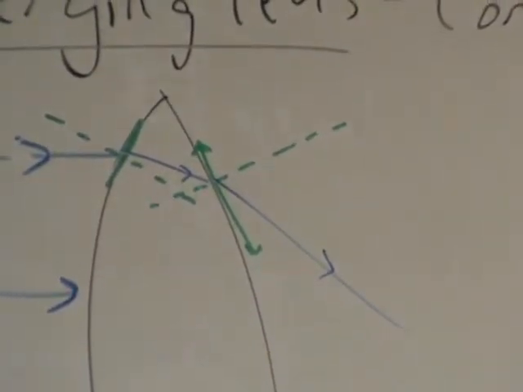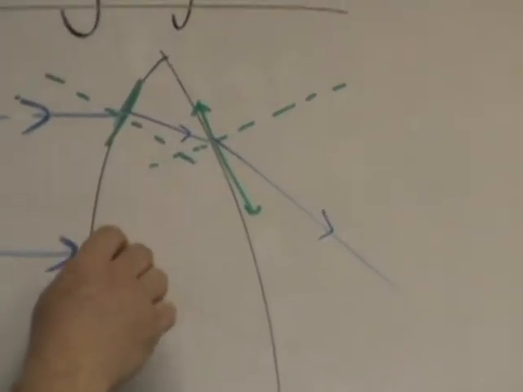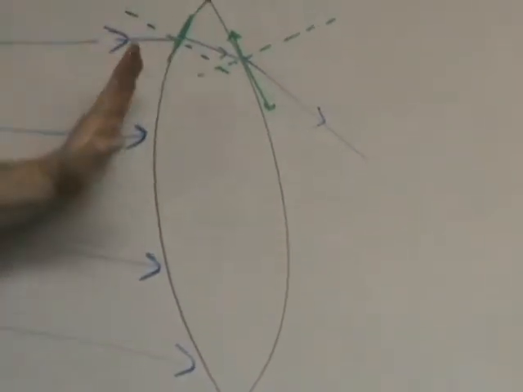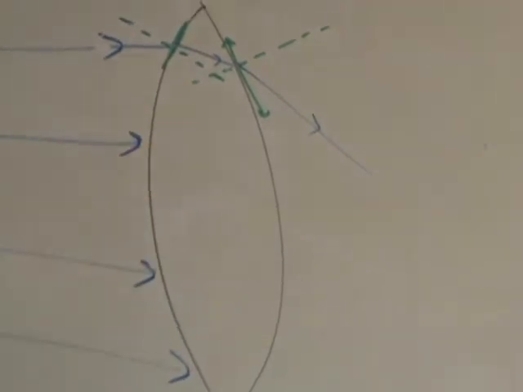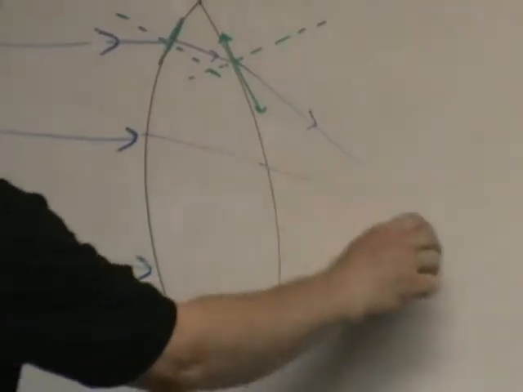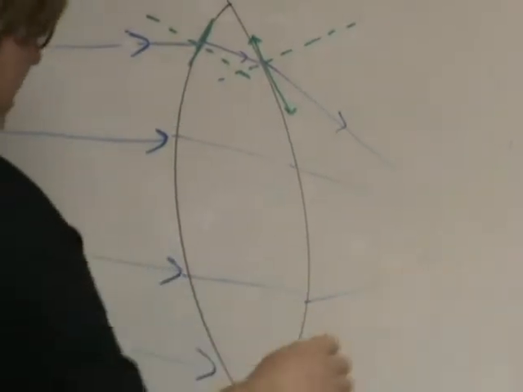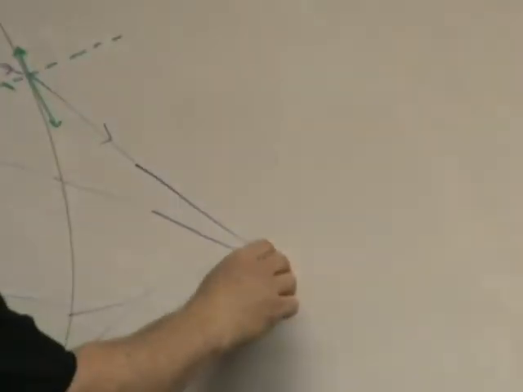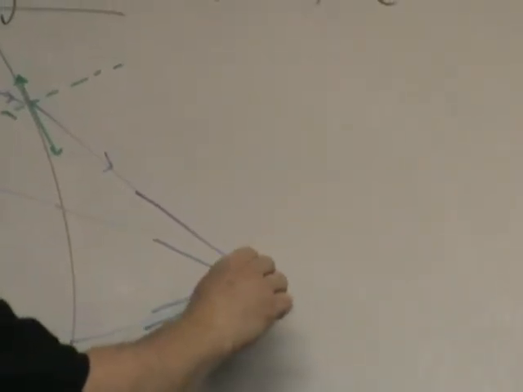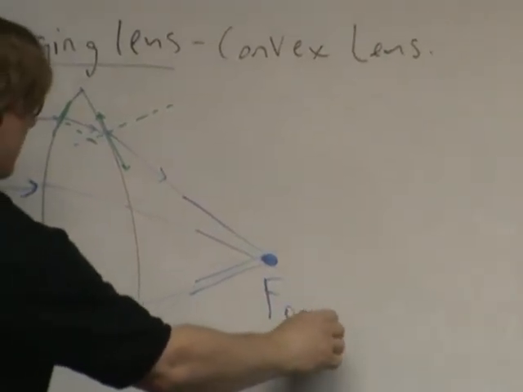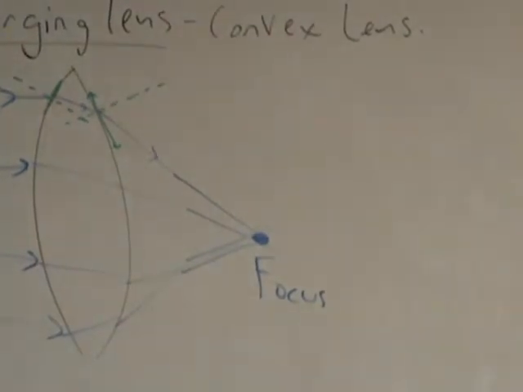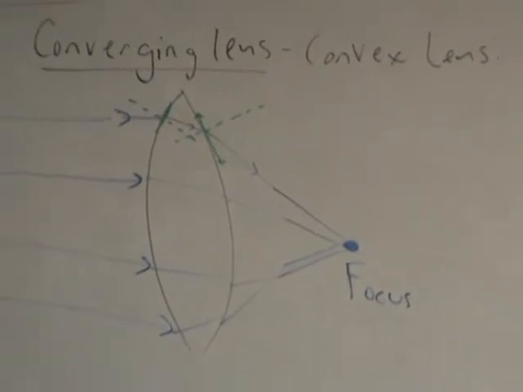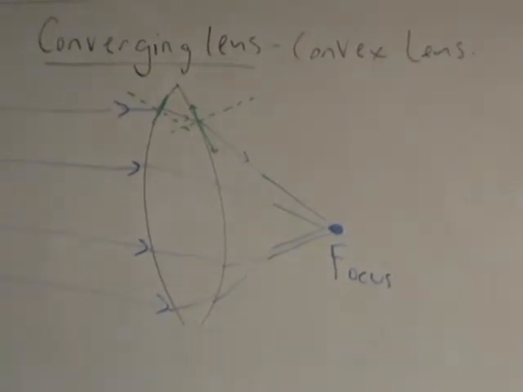I'm not going to go through the awful details, but the same thing would happen with this ray, only it wouldn't be as extreme, because here the normal line is at a real big angle. Here the normal line is almost horizontal. So you'd go like this, and then this guy, and then this guy. But all of these rays would pass through the same point, the focus. So I want you to see that a convex lens does the same thing that a concave mirror does.